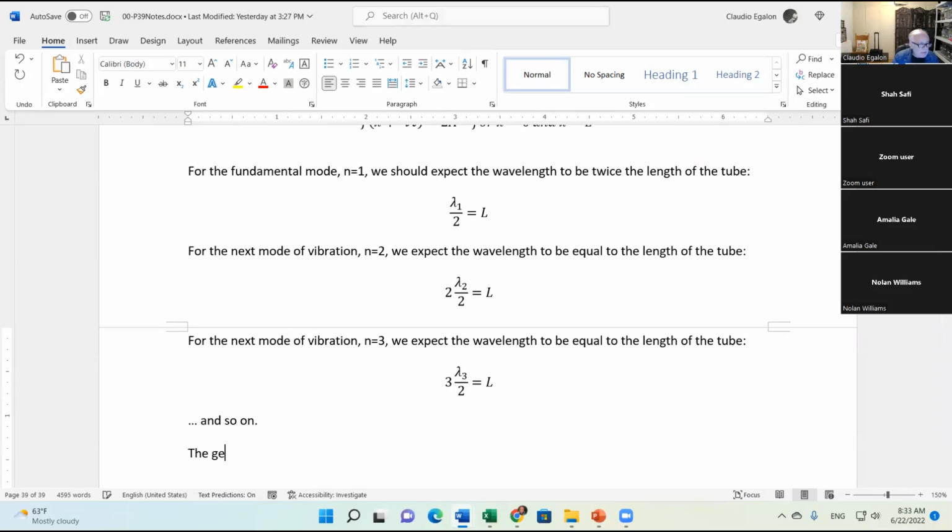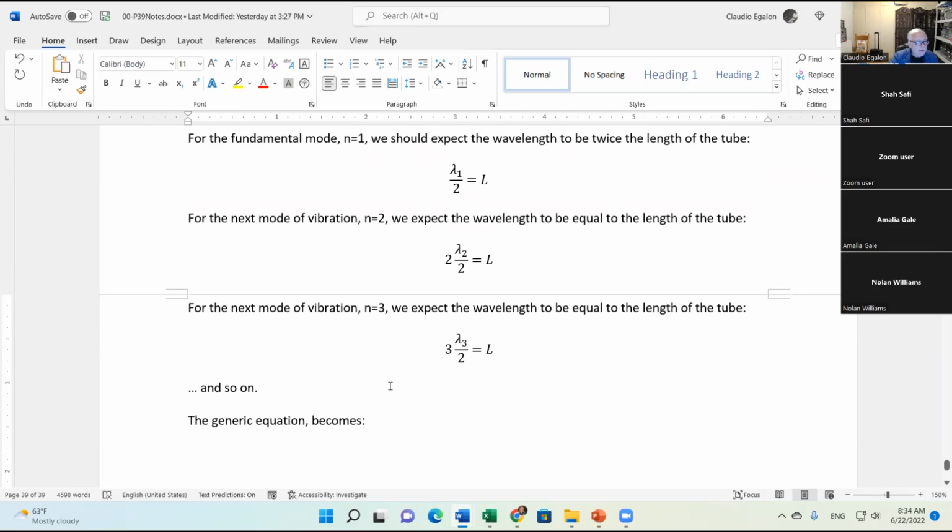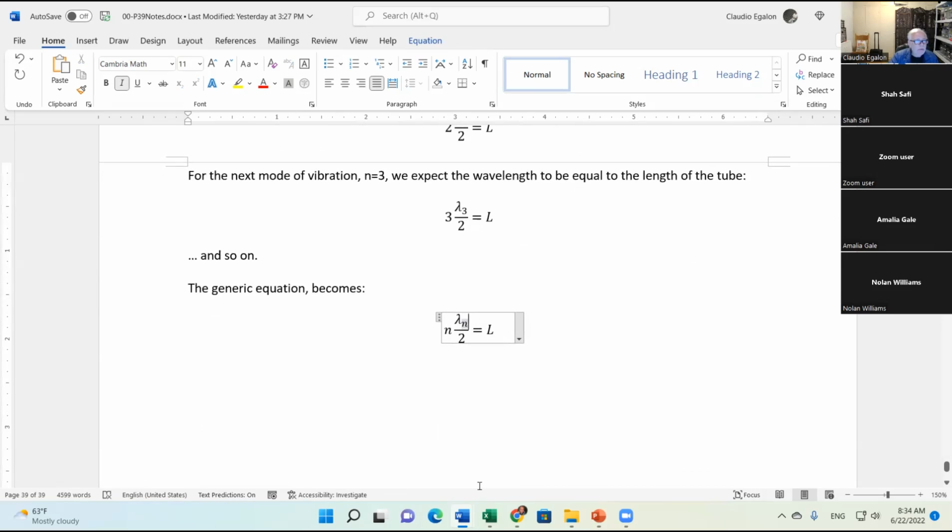Okay, the generic equation becomes n lambda n divided by 2 is equal to L. Or you can rewrite that as 2L over n equal to lambda n, with n equal to 1, 2, 3, and so on.